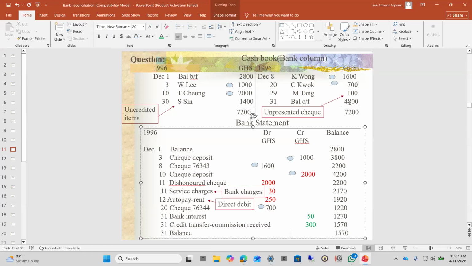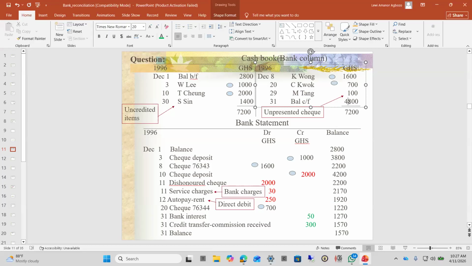Correction number one, you need to bring your cash book balance at the closing period, which is 4,800. So you prepare a new cash book, you call it adjusted cash book.